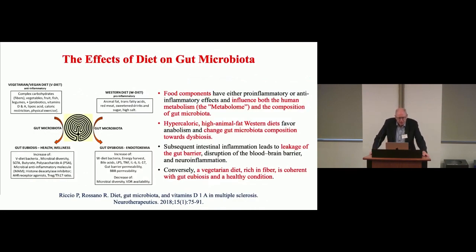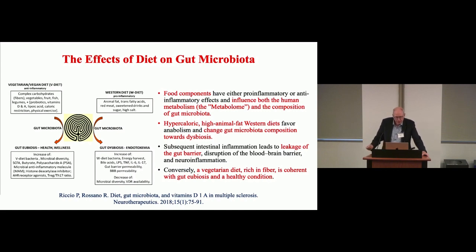What are then the effects of diet on gut microbiota? As I told you, food components influence both the human metabolism and the composition of gut microbiota. A hypercaloric, high animal fat Western diet, as Angela addressed, changes our gut microbiota composition towards what we call dysbiosis.